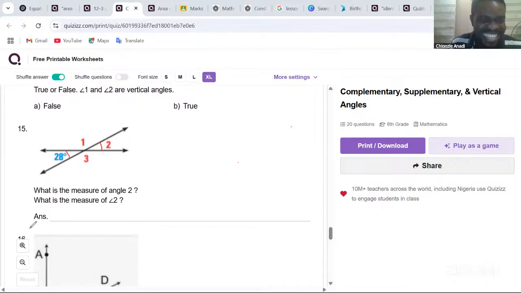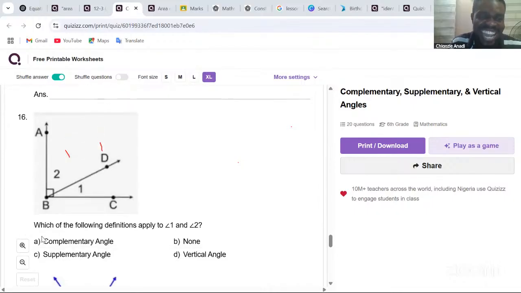Okay, because of our time, let's look at question 16. Let's answer this one fast. It says, which of the following definitions applies to angle 1 and 2? Is it complementary angle, supplementary angle, vertical angle, none of the above?